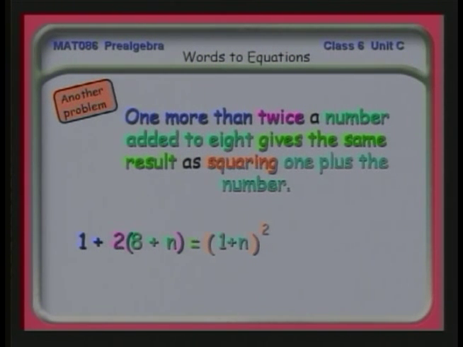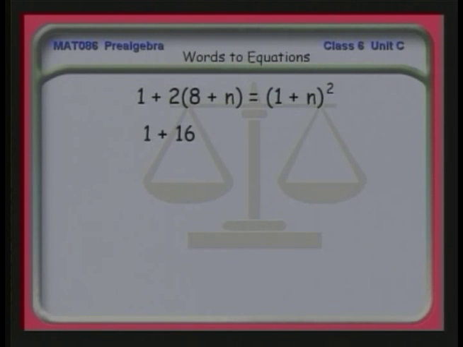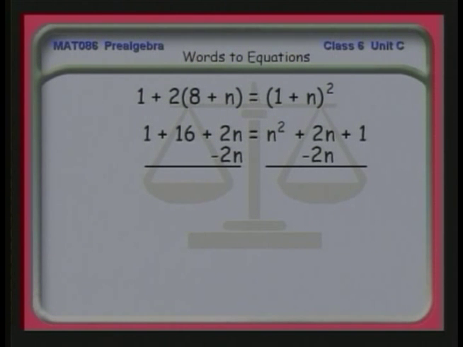Let's see if we can solve that. I need to square the number. Remember how to do a number squared. It's the square of the first and last term, then twice the product of the first and last term. Now I have to solve this by getting n's and so forth. I see I have a 2n on both sides, so that amazingly enough subtracts out. I have a 1 on both sides.